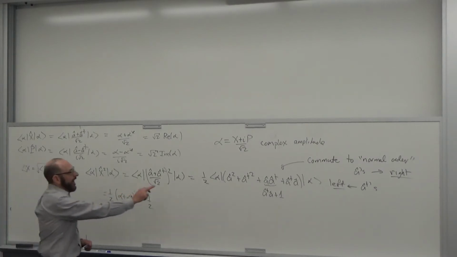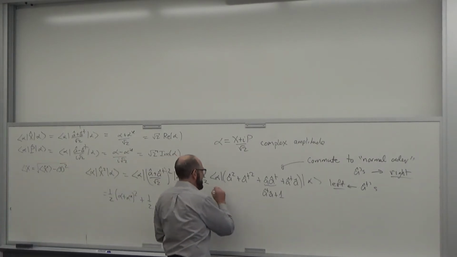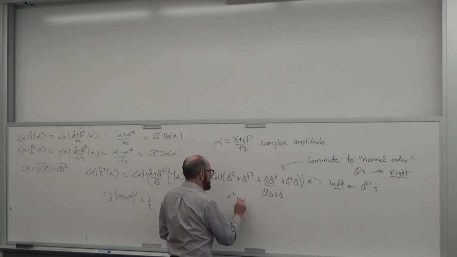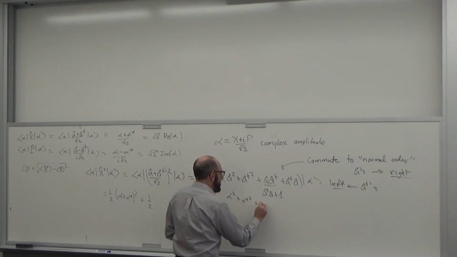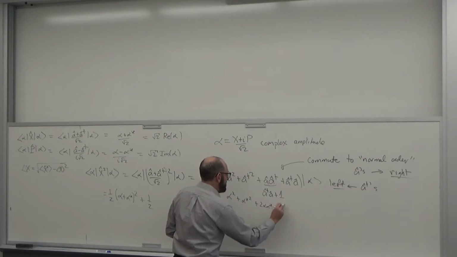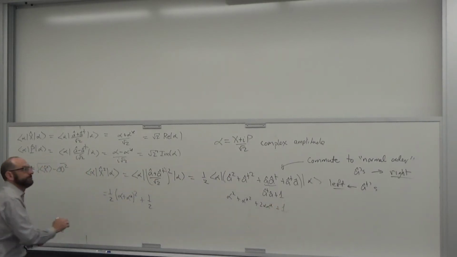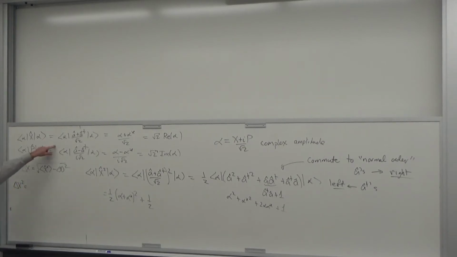Because I'm going to get alpha squared plus alpha star squared plus twice alpha alpha star plus 1. That's that. So, with that said, what we have then is delta x squared, well, we have x squared over here.